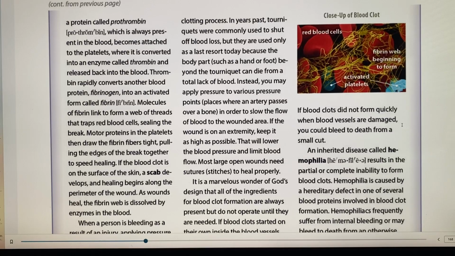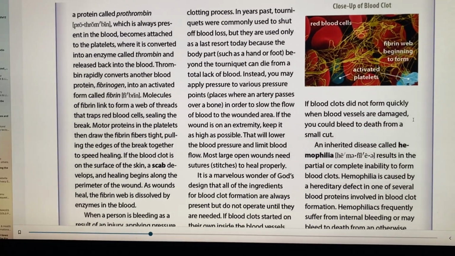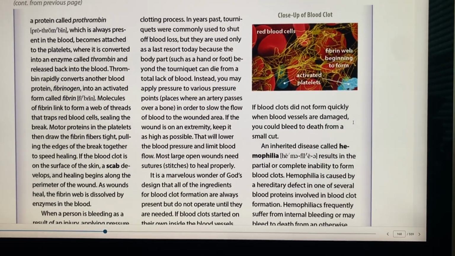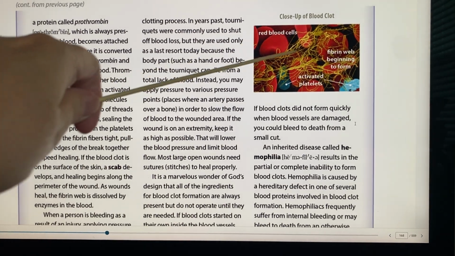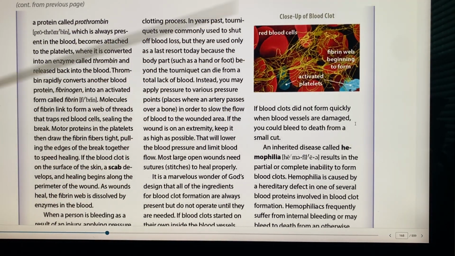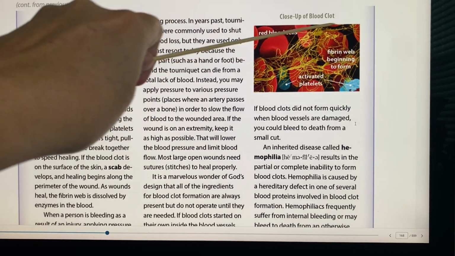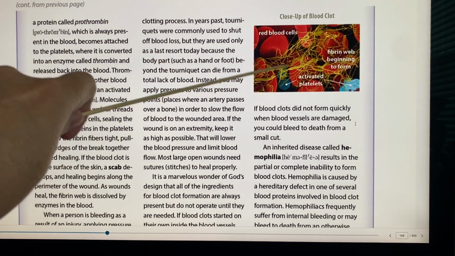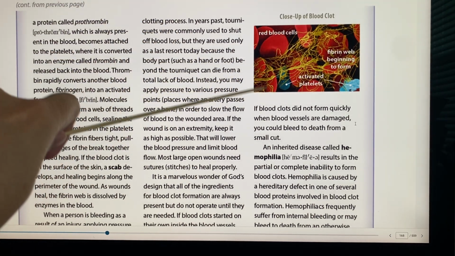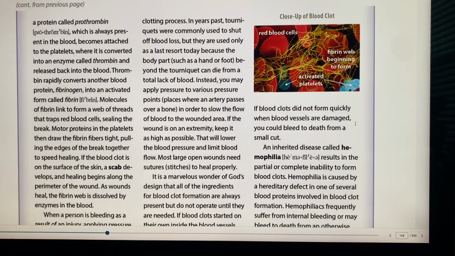So it seals this break, and when it seals the break, let's go up here to this other picture. I think I had this picture in the last one, but hopefully you can see it. So here we have this fibrin web. You have the fibrinogen activating the fibrin, forming this web of the platelets. These are red blood cells and these are platelets, and it's hooking them all together. So you have this blood clot or a scab forming so that the blood doesn't bleed out of your skin or out of the artery or vein or whatever's punctured there.